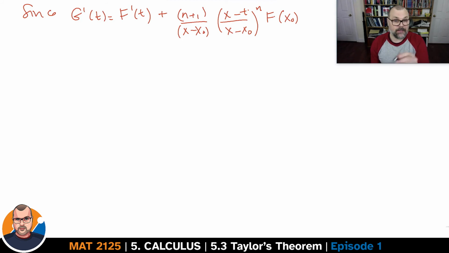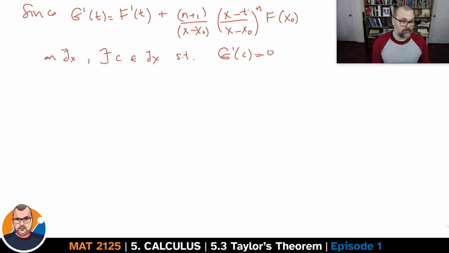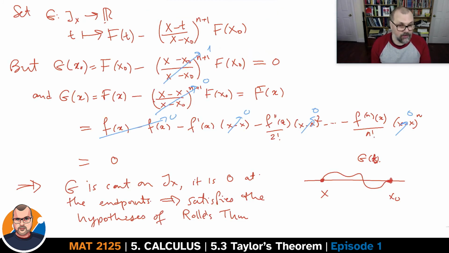So since this derivative exists on the interval J_x, we know that there exists some value c in J_x such that G prime of c equals 0. That's the conclusion of Rolle's theorem, which is basically saying we have a continuous function on an interval, and it is 0 at the endpoints. There's going to be at least one point in there where the slope is horizontal, where the derivative is 0.